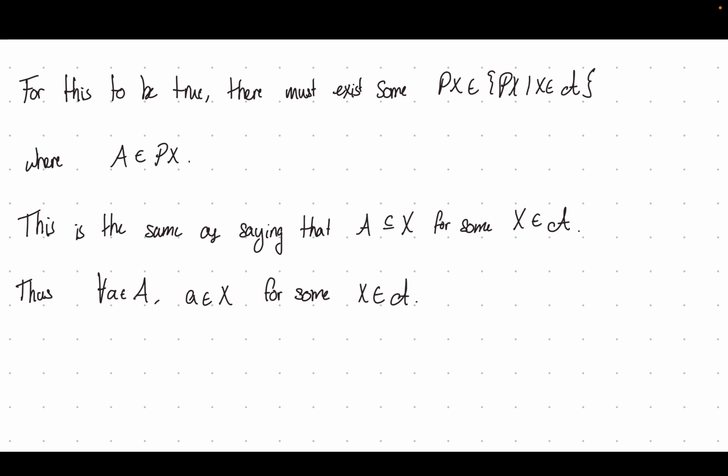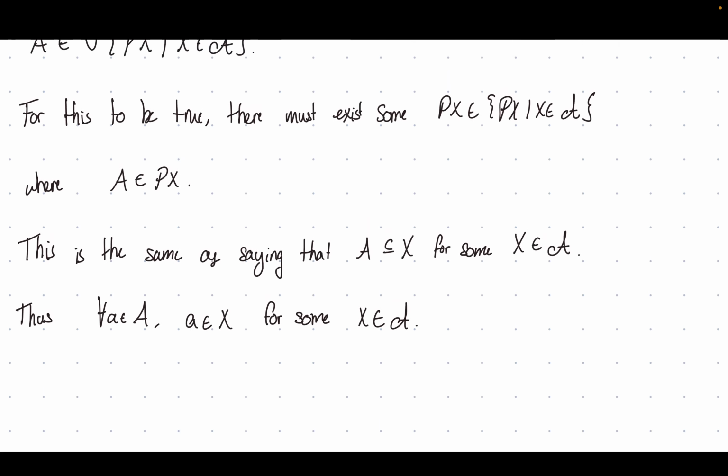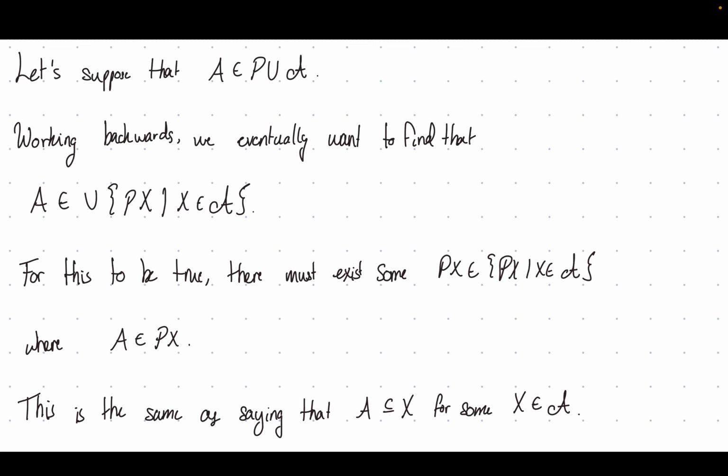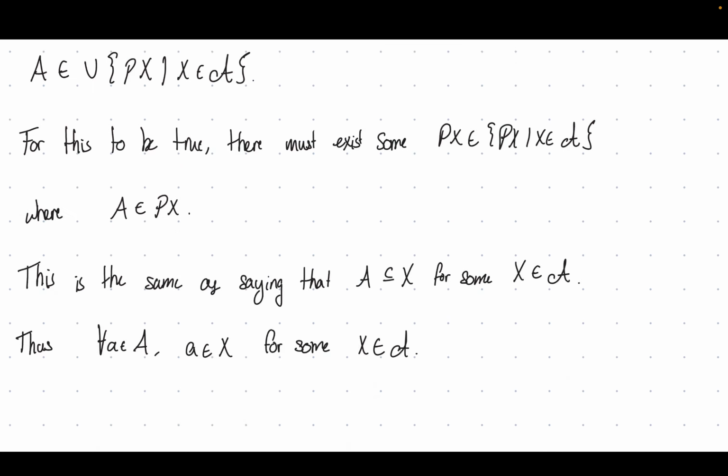So in other words, what we're saying is that we want to find one particular X, a single X that contains all the elements of A. That is how we find inclusion the other way around. And the way you can think about this is, let's work this slower.